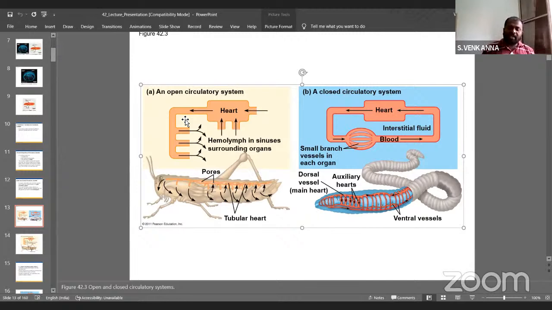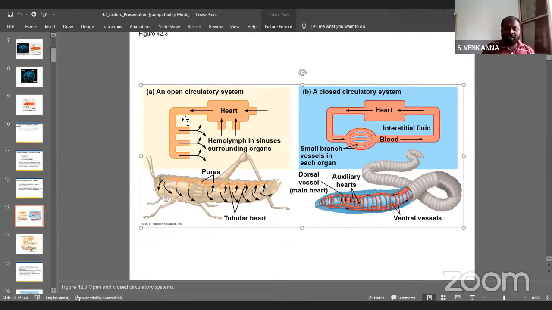In an open circulatory system, the blood is not enclosed in blood vessels but is pumped into a cavity called a hemocoel. The hemocoel is like one chamber, filled with hemolymph.